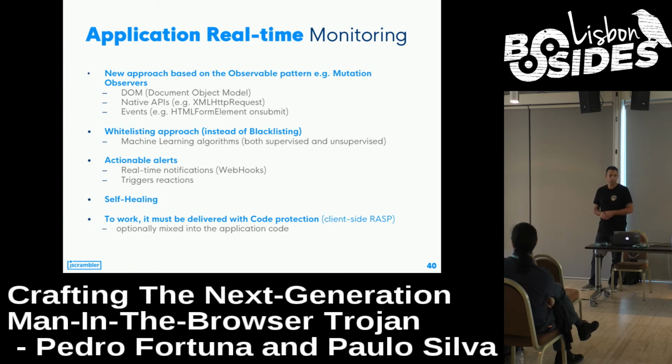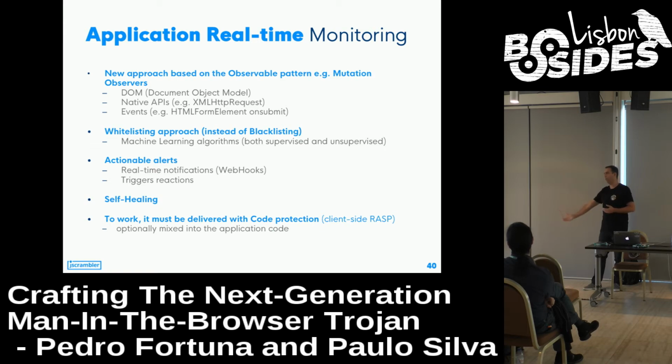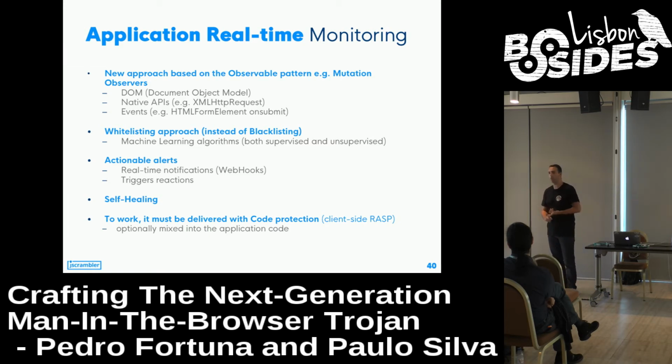And as soon as you detect something, you just send out real-time notifications to the backend of the application, to webhooks, to any API. And that can potentially trigger reactions from the web application backend side. So if they know that something is happening, they can stop the user from logging in.